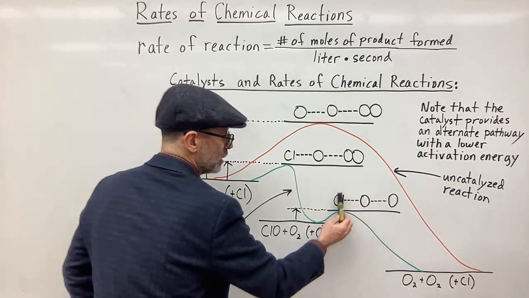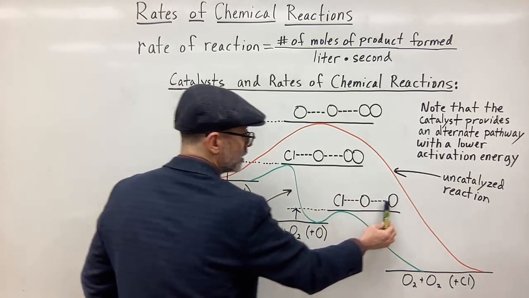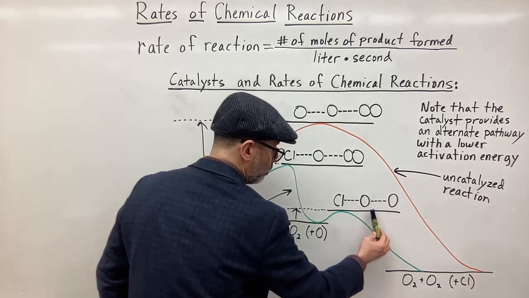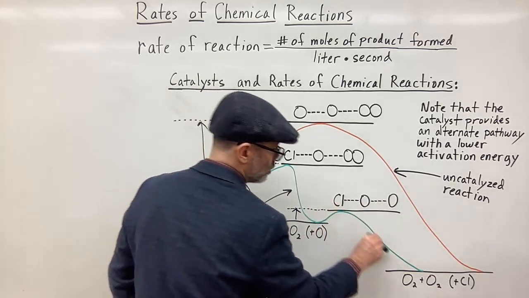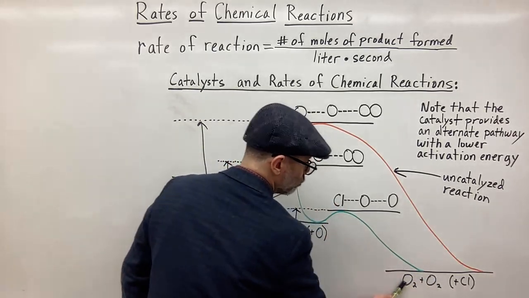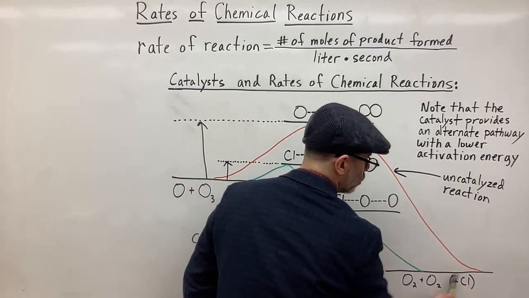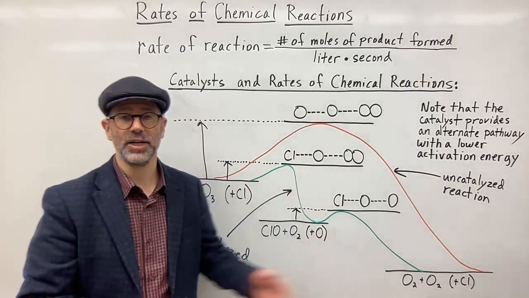This bond is starting to break, and this bond is starting to form. And so you reach the activated complex, and then it goes downhill and forms your two O2 molecules, and leaves the chlorine left to keep going with another reaction.